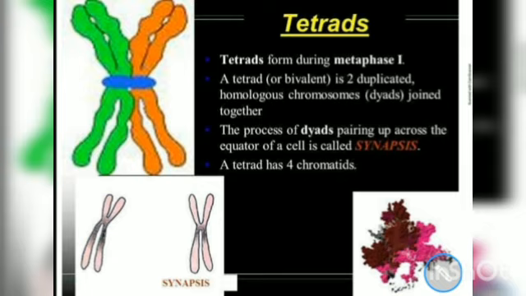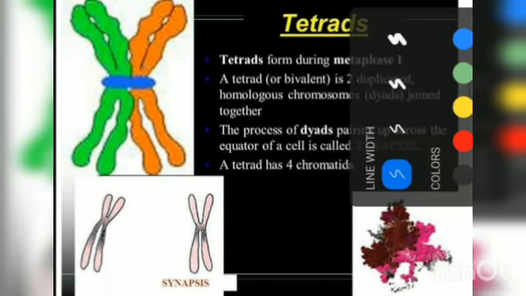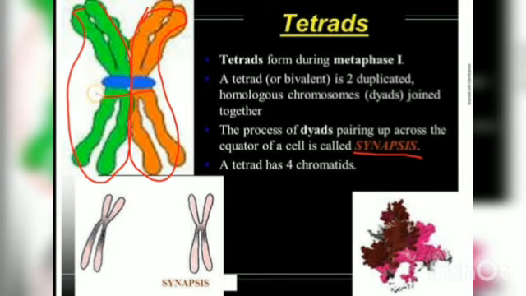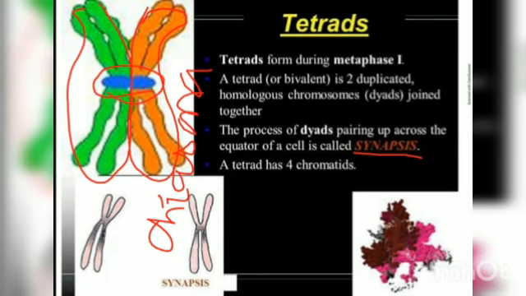The process of dyads pairing across the equator of the cell is called synapsis. That means when homologous chromosomes start to pair with each other, they start to align by coming closer to each other. This process is called synapsis, and this part is called chiasma.